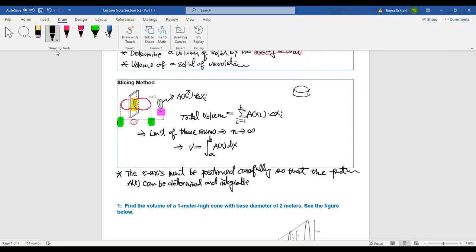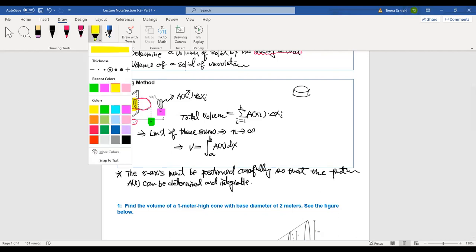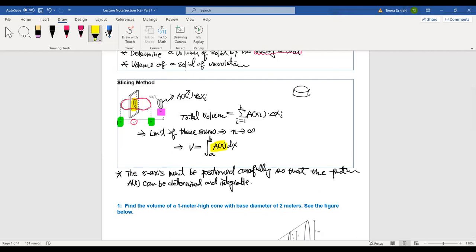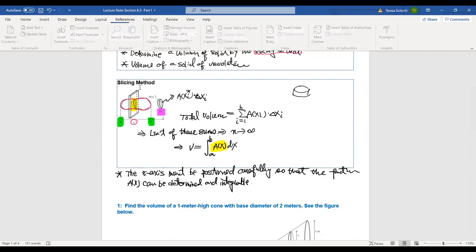So you need to be careful. You don't want to randomly put the x-axis here, right? Because when you slice it, you want to be able to easily define what this slice is, what the A(x) function is, and whether that A(x) function is easy to determine and easy to integrate, right?